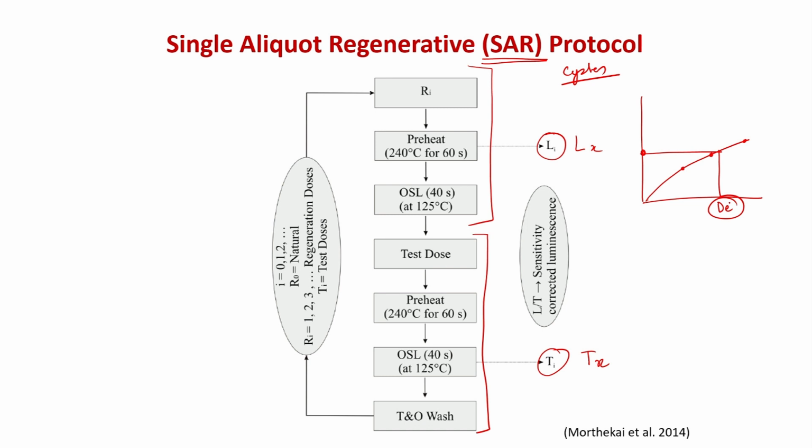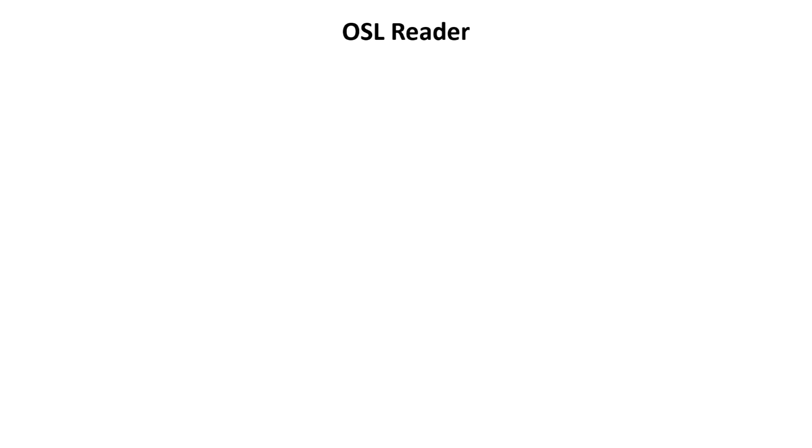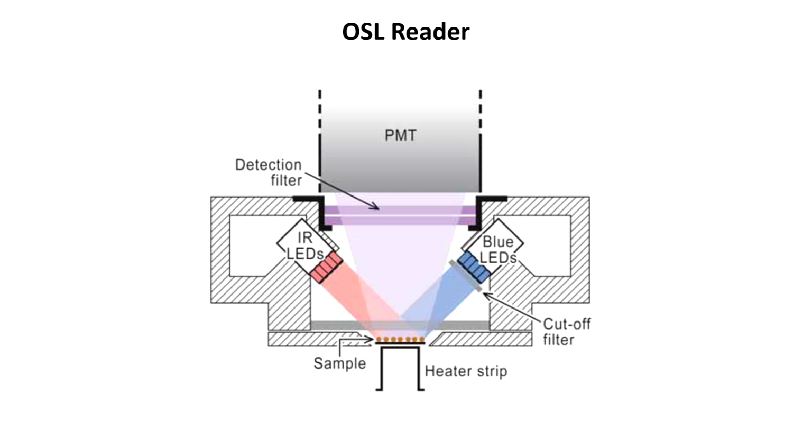Further, this is the part we were talking about, the Lx or Tx, and then about the reader, where we mostly use two types of lights: this one is for quartz, and this one is for feldspar.